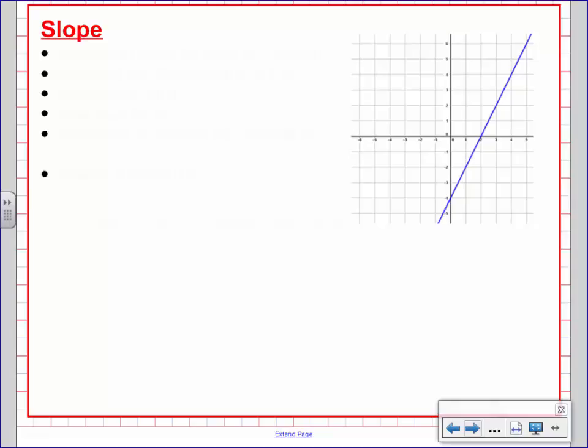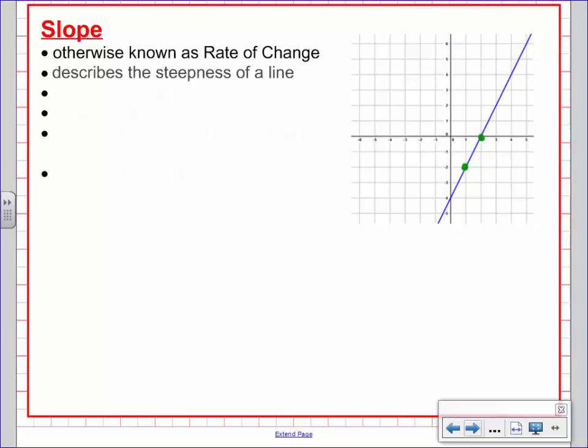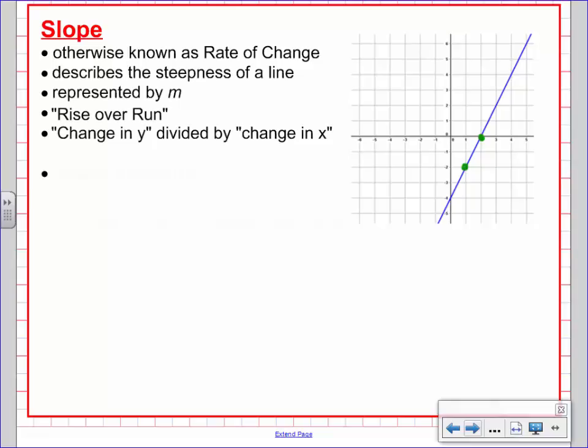So if I look at a graph, remember we once called slope at the beginning of the year the rate of change. And slope always describes the steepness of a line. It is always represented by m. And most importantly, we call it the rise over the run, or the change in y divided by change in x.